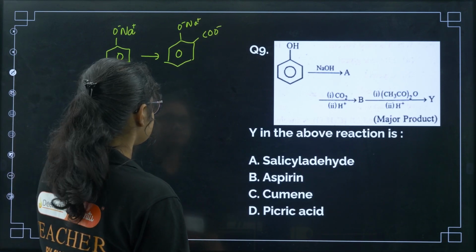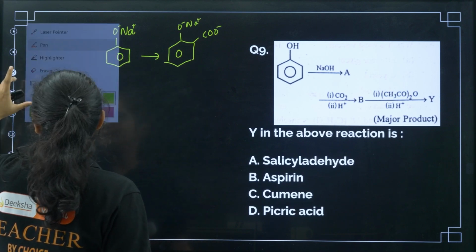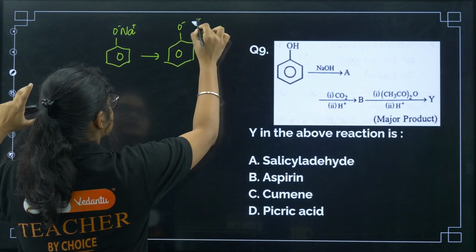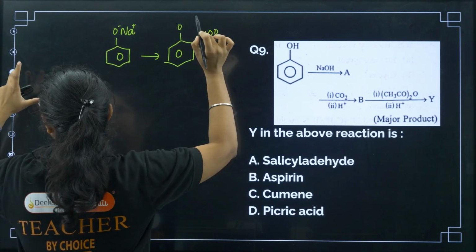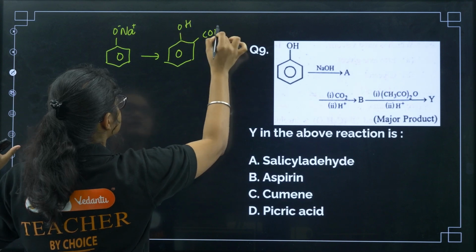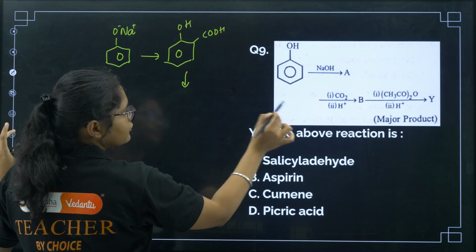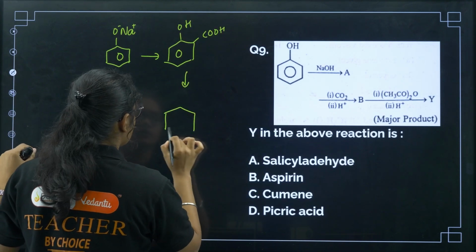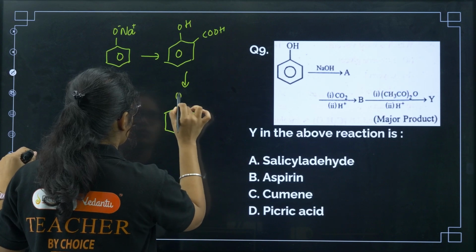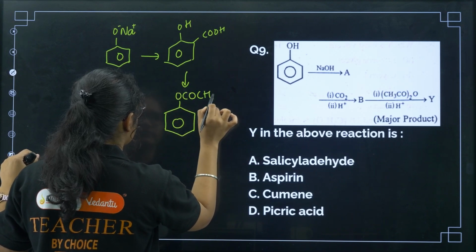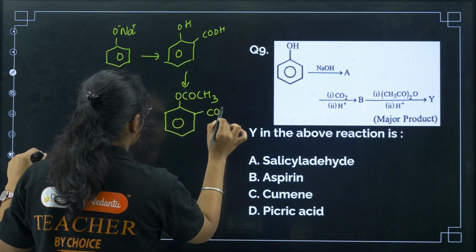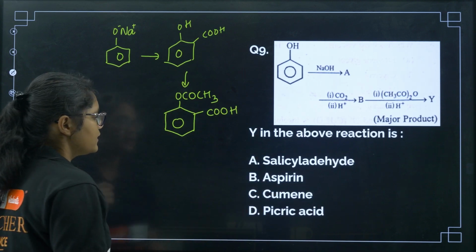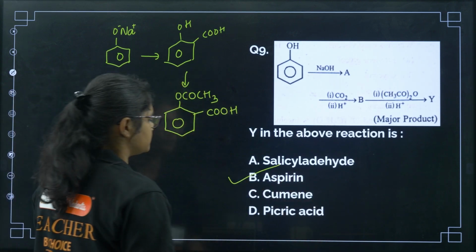Then it can be protonated and you will get OH, COOH. Then if you do acylation, we will get OCOCH3 and COOH. So this is called aspirin, option number B.